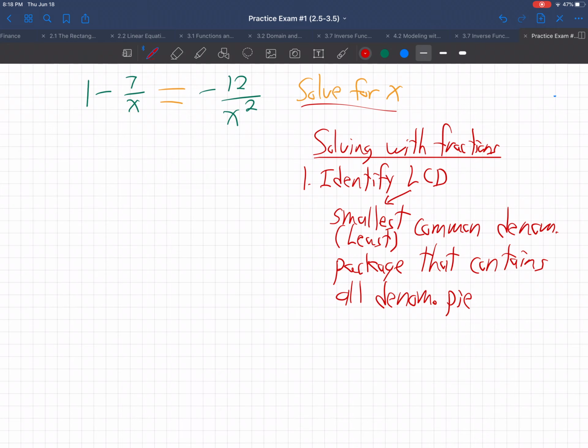How about we say it that way? Parts inside. So in other words, what denominator parts are we talking about?